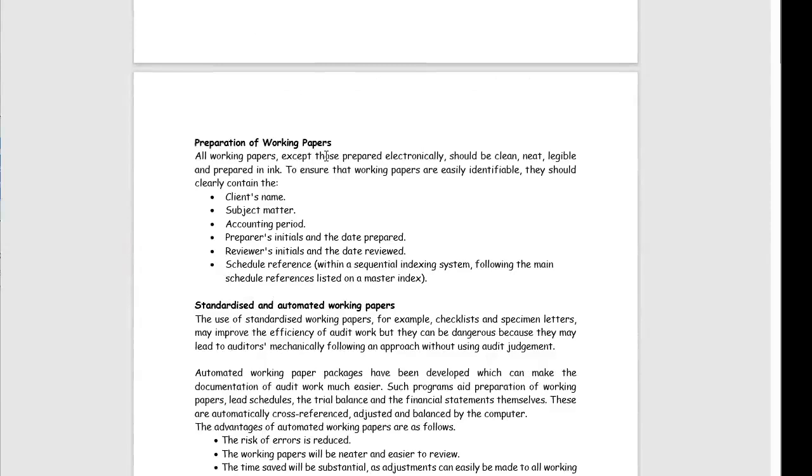So all working papers, except those prepared electronically, should be clean, neat, legible, and prepared in ink.